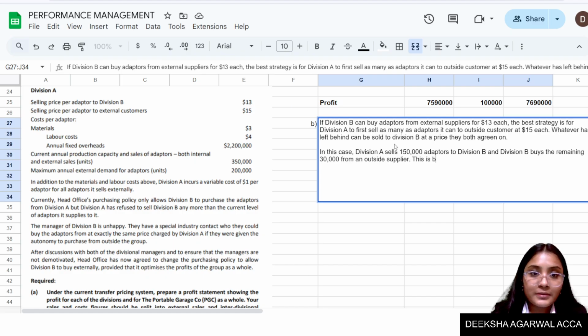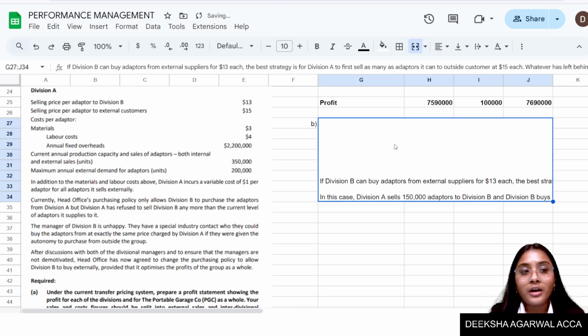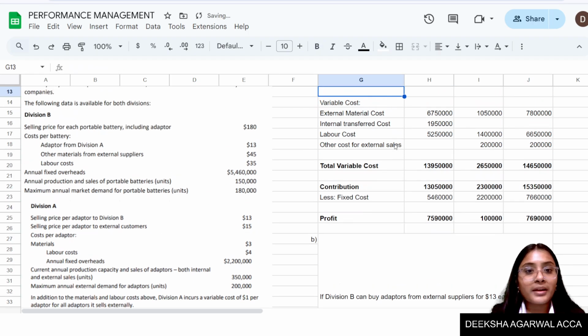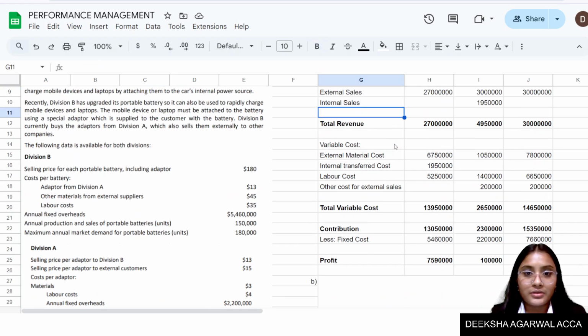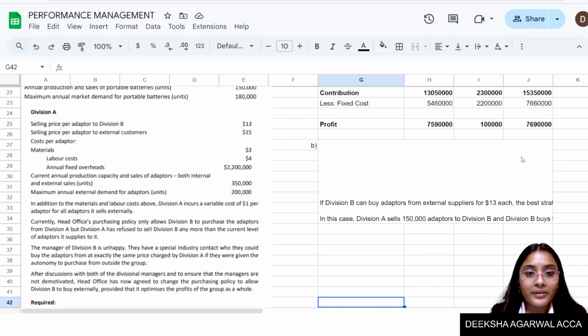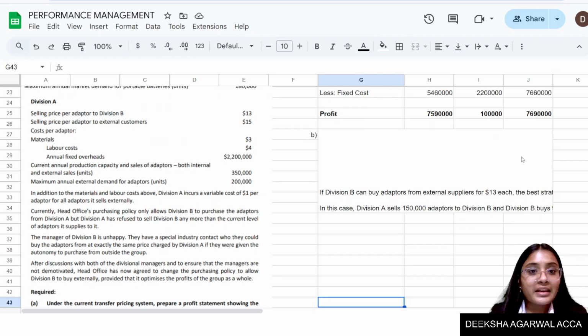Now you need to understand, on an average how much profit a company is able to make on each. They are able to make a good profit, isn't it? Here, the material cost of making itself is $7.